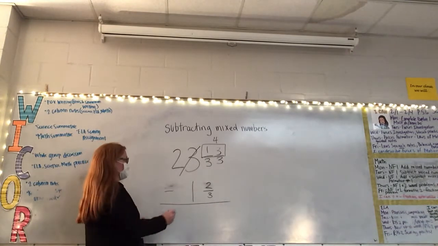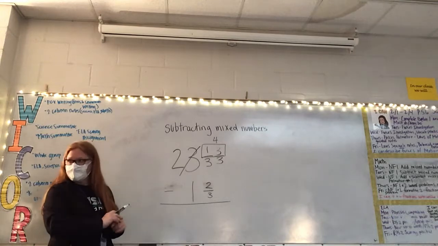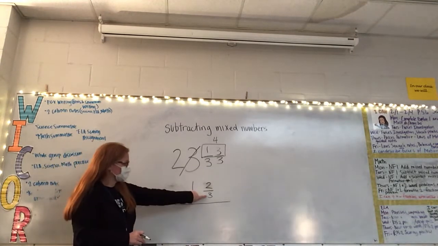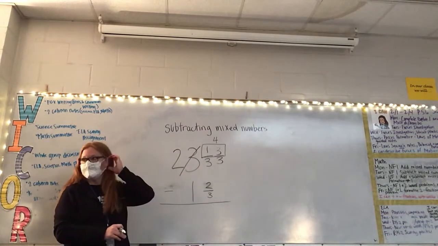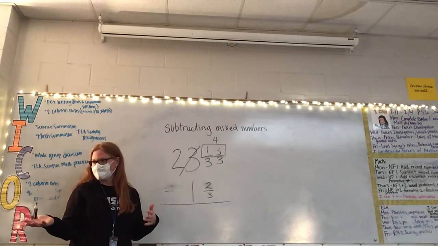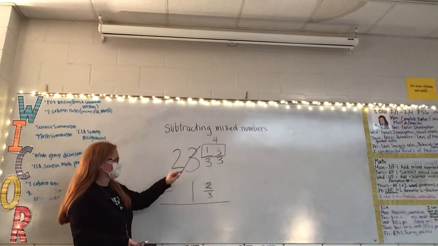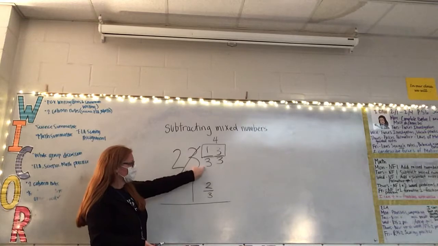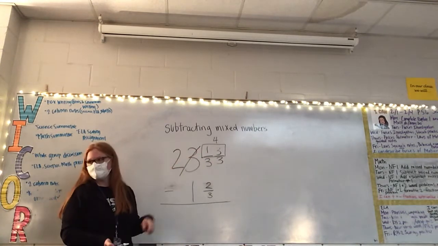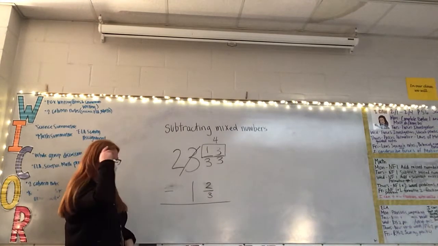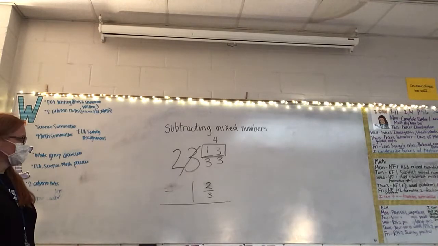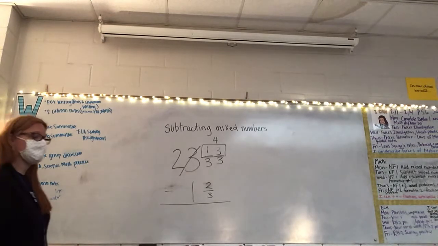Alex, you have a question? Yes, I'm still kind of confused how you got the 3/3. This right here tells me. Your denominator tells you. If that was an 8, I would have had 8/8. I look at my denominator and I use that to create my whole. Yes, you add the top. Do you add the 1 and the 3? Yes, you add the numerators. So here's what I had.